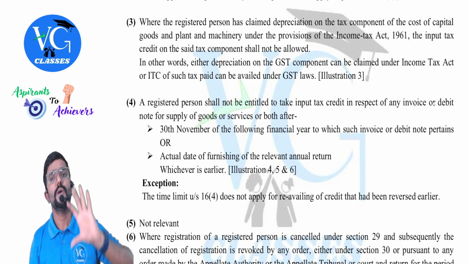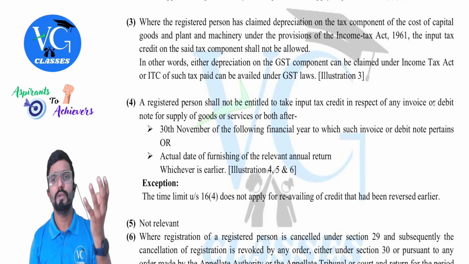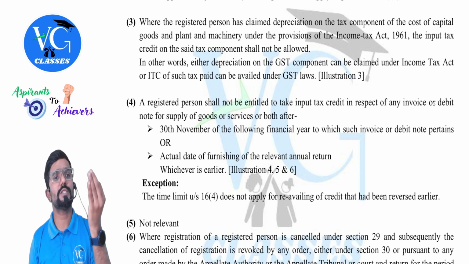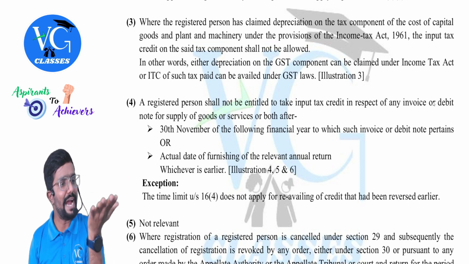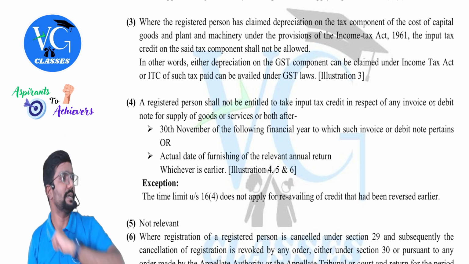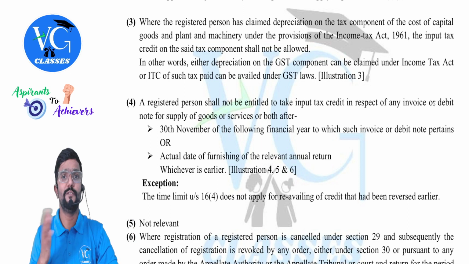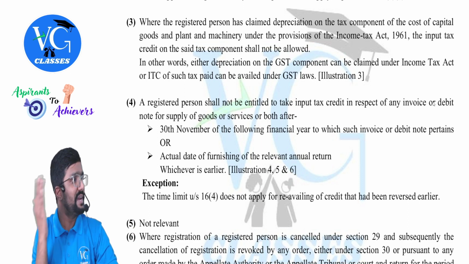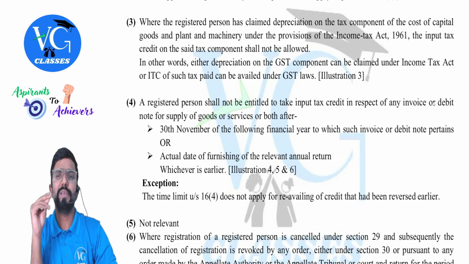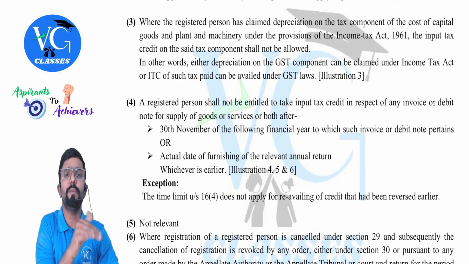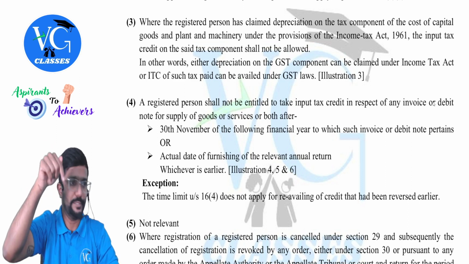We will capitalize it. So assume we have incurred a total cost of 1,50,000. We will add 1,50,000 to our block and start claiming depreciation on it. And there we also learned: more than 180 days means full depreciation, less than 180 days means only half of the depreciation in that year.